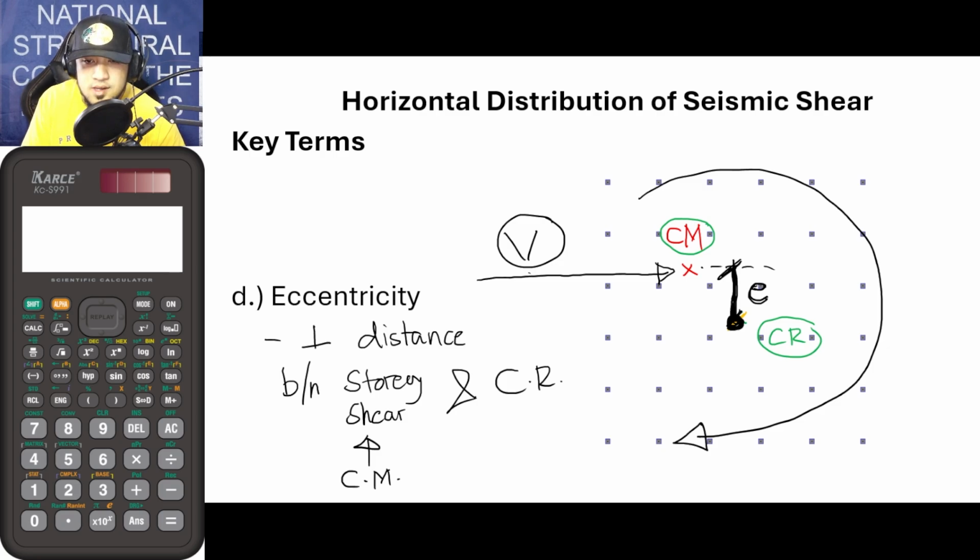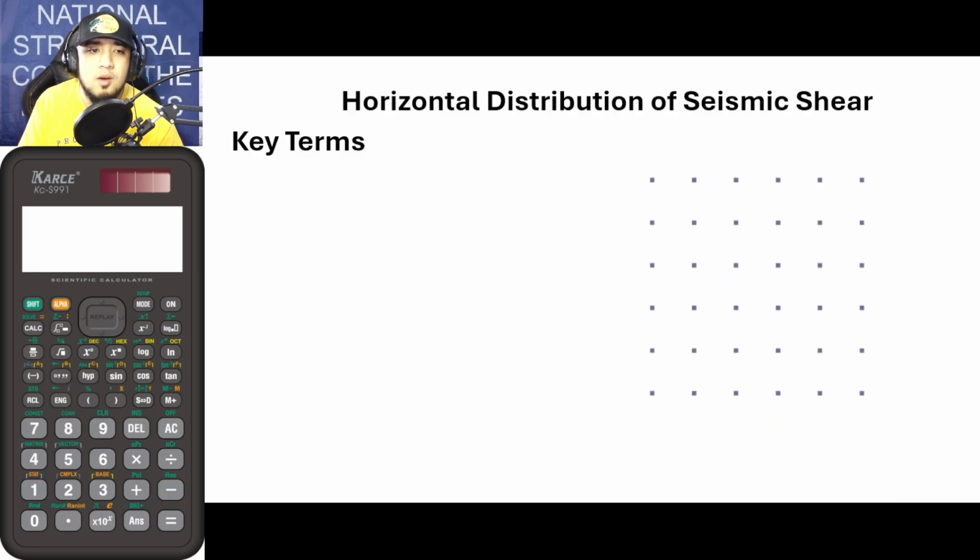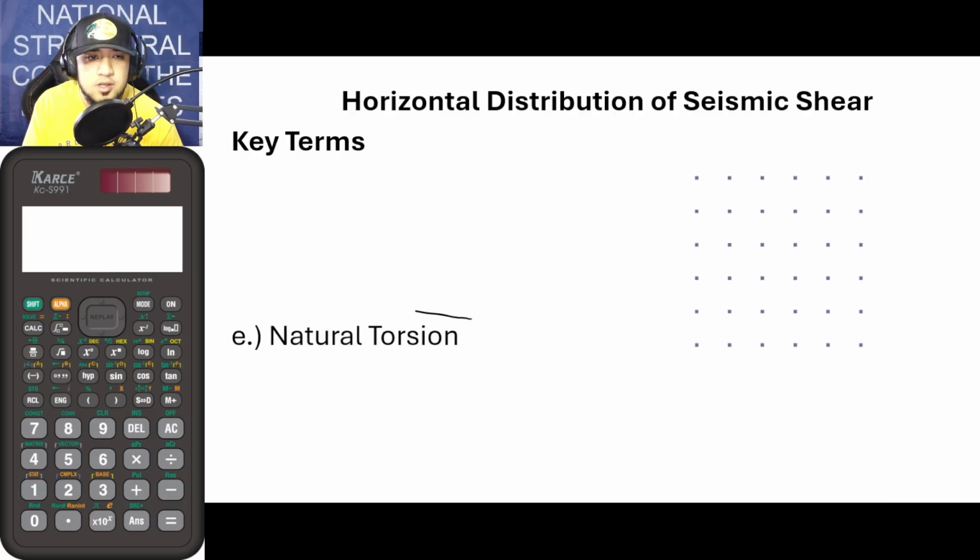So this torque or this torsion is equal to force times lever arm. Again, this is the force and this is the lever arm. And if that is now the force and the lever arm, this torsion here is what we would be calling the natural torsion.